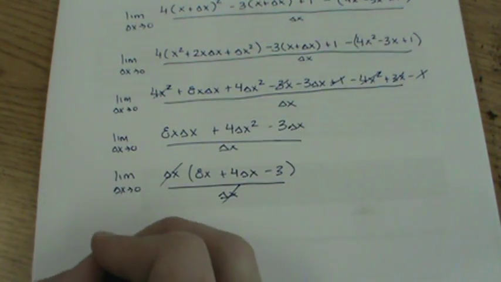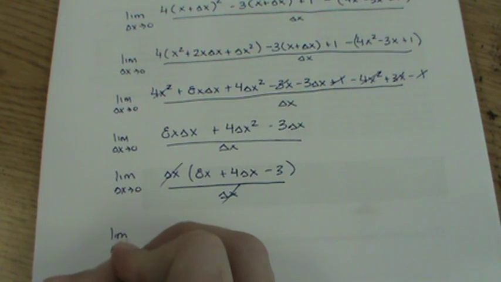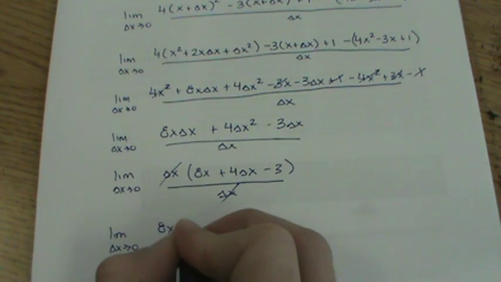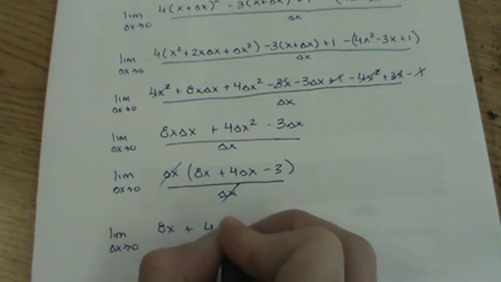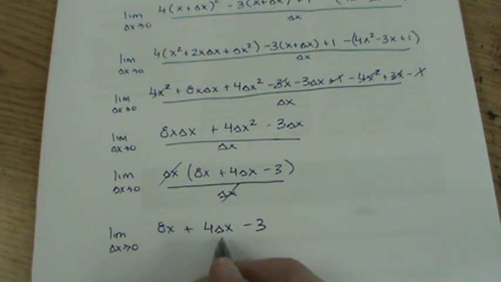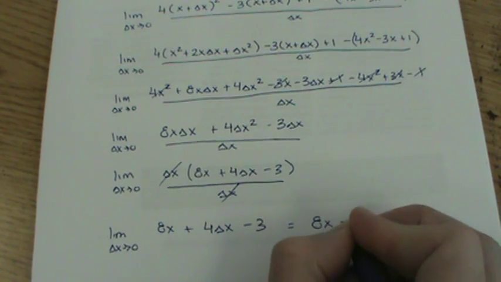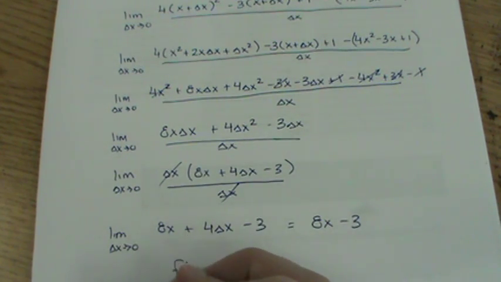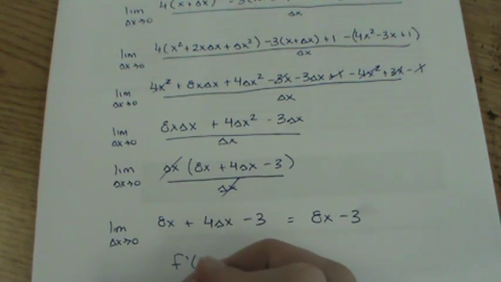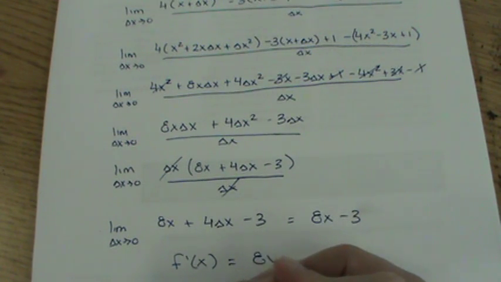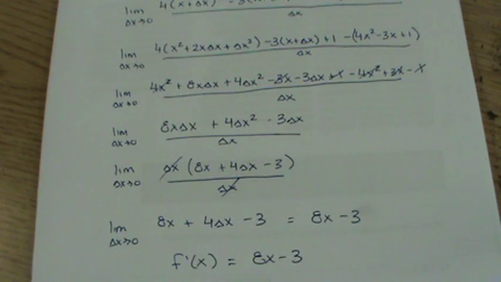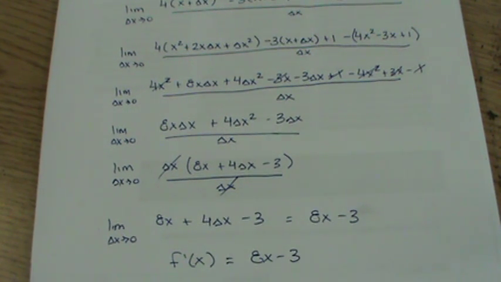And so what you're left with is the limit as delta x goes to 0 of 8x plus 4 delta x minus 3. Well, at this point, you can put that 0 right in for the delta x, leaving us with 8x minus 3. And that is our derivative. F prime of x would equal 8x minus 3. So that is the limit process using the definition of derivative to find the derivative of this function.